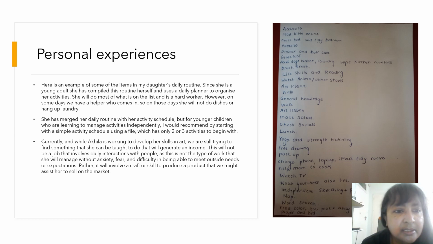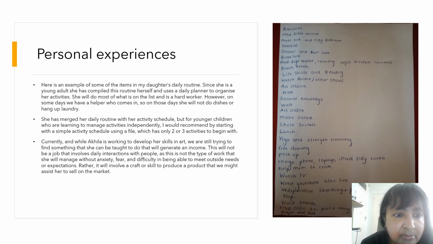Here is an example of some of the items in my daughter's daily routine. She is a young adult with autism, and she has compiled this routine herself and uses a daily planner to organize her activities. She will do most of what is on the list and is quite a hard worker. However, on some days, when we have a helper who comes in, she will obviously omit some of the tasks that are done by the helper.